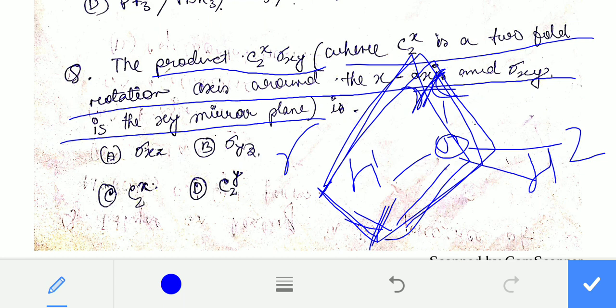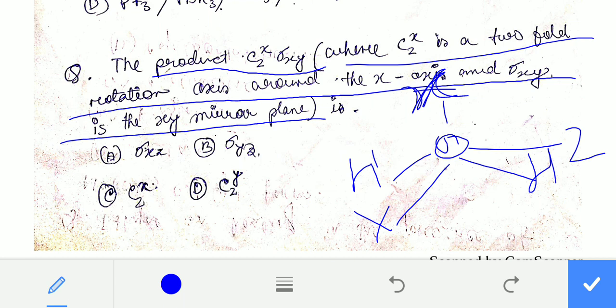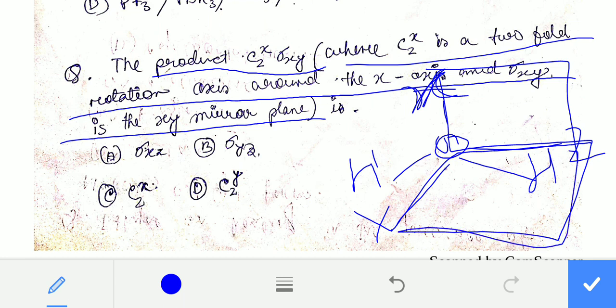Now the other sigma plane in the compound is sigma yz, but it is not possible because it will not bisect the molecule, right? It cannot bisect the molecule because it is not a planar molecule, and the other sigma plane will be xz.